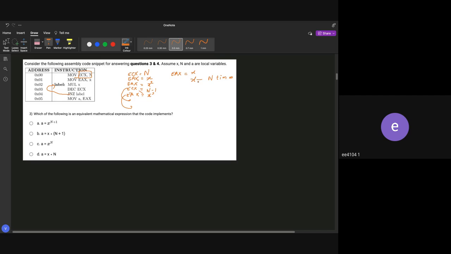So basically, we are multiplying x to the power n to this EAX. So finally, this EAX will equal x into x to the power n, which is nothing but x to the power n plus 1. So the correct option for this question is A. Is it clear to everyone?